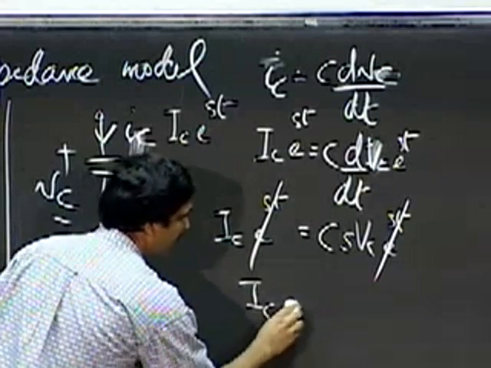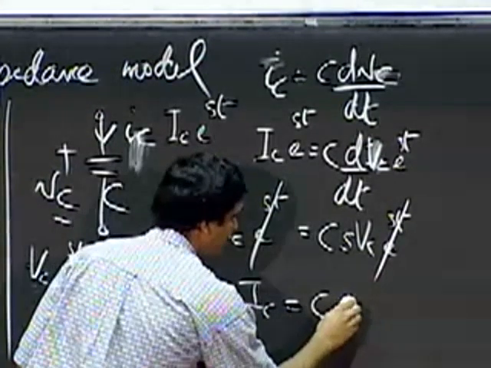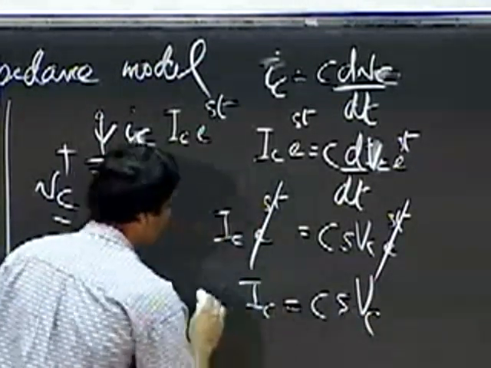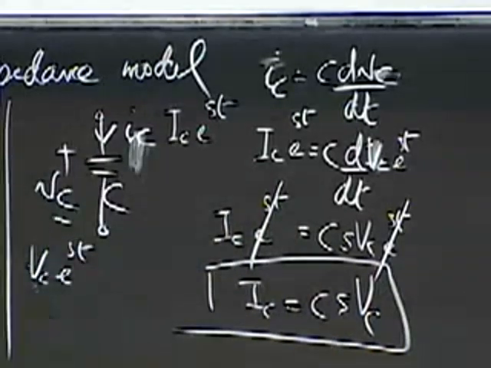Interesting. So IC is C s VC. Very interesting.